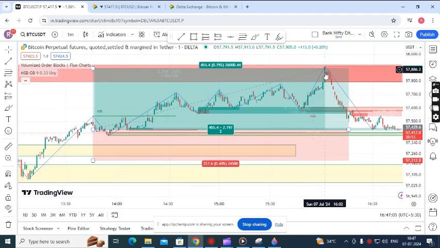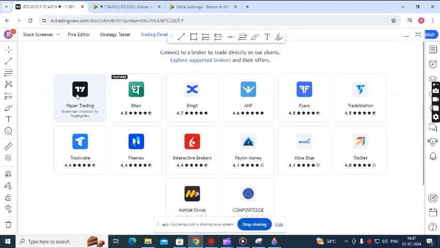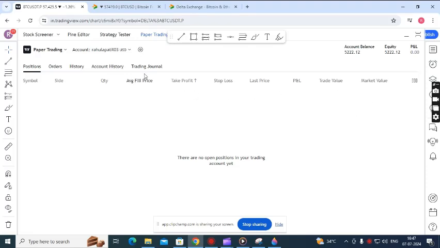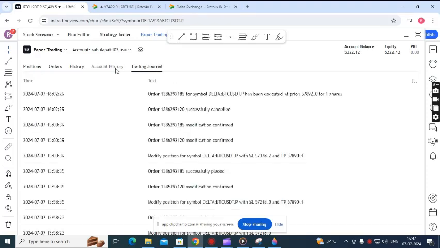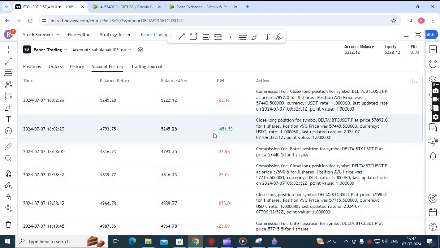So we have received the profit of, oh, it is logged out of the paper trading. I can show here. In the previous trade we have got a profit of $451 as we had put on target.